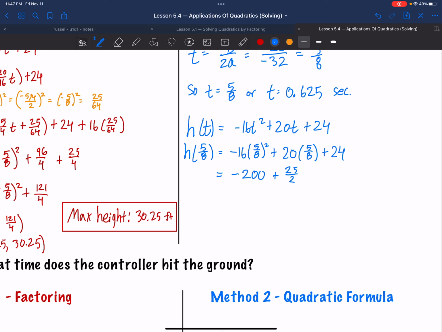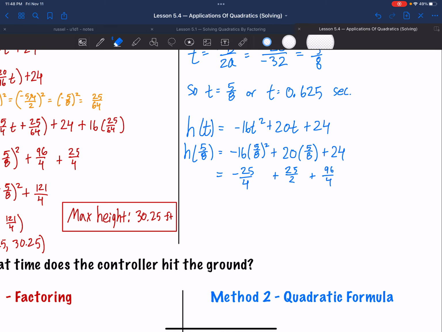Oh, it's 4. Oh, dummy. It's not 4 times that. It's 25 over 4, negative 25 over 4. Not negative 25 times 4, Mr. Spake. Plus 24 in terms of fourths. 20 times 4, this is like 96 fourths.